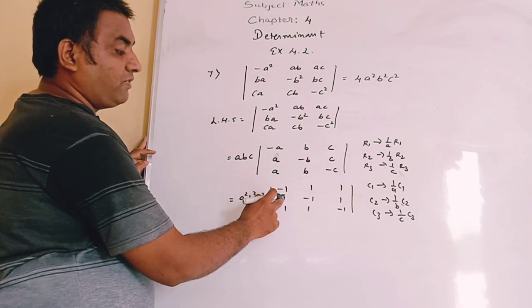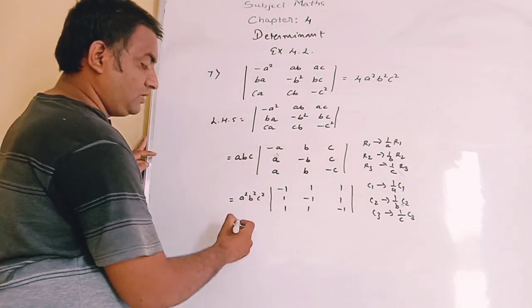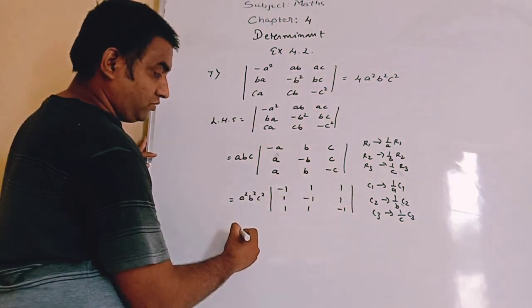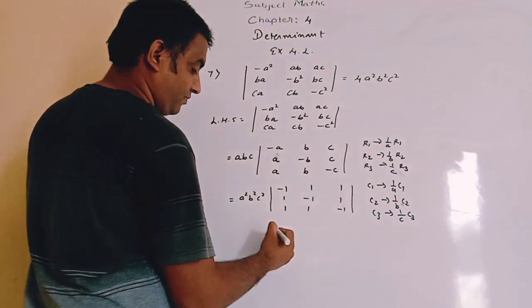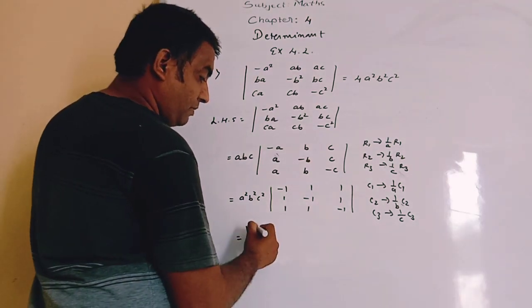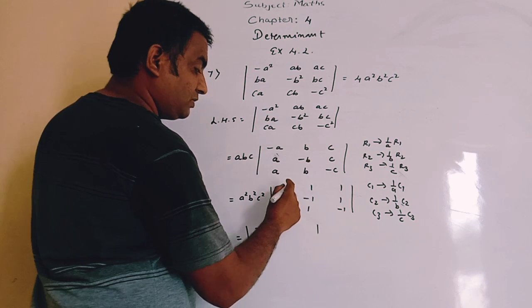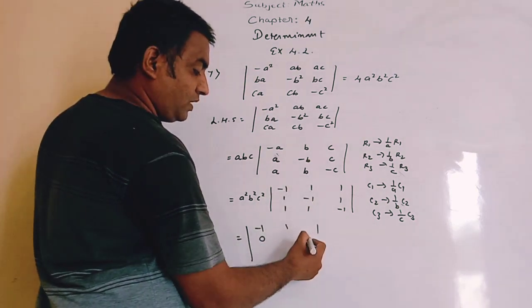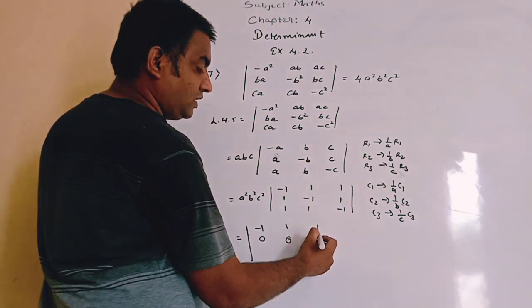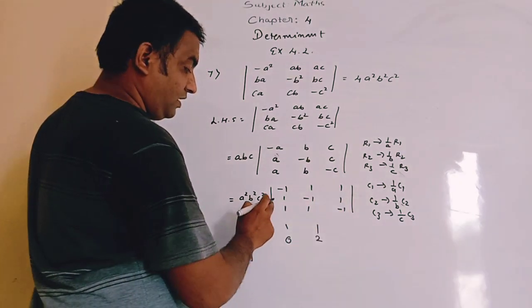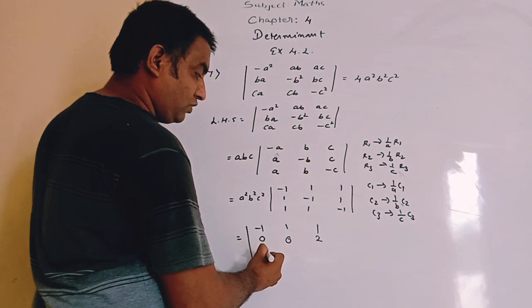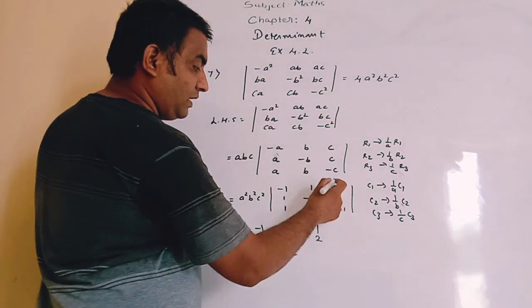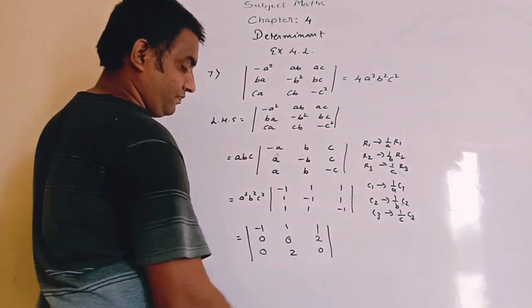Now this minus 1 we add in these two, then it will become 0. So we take here minus 1, 1, 1, and it is minus 1 minus 1 0, minus 1 plus 1 0 and 1 plus 1 2. Here minus 1 plus 1 0, 1 plus 1 2 and 1 minus 1 0.